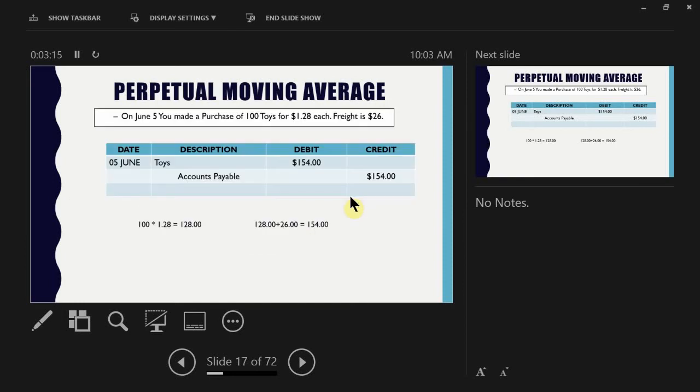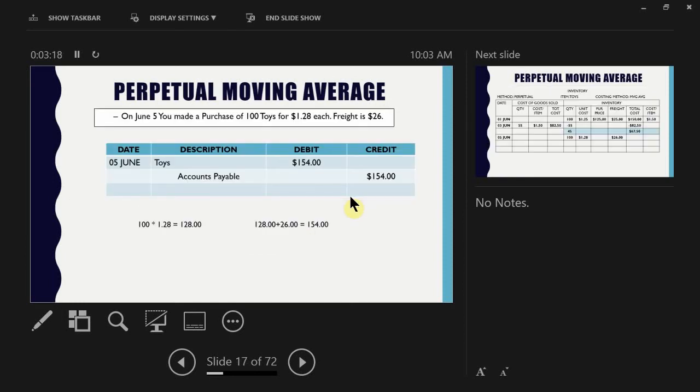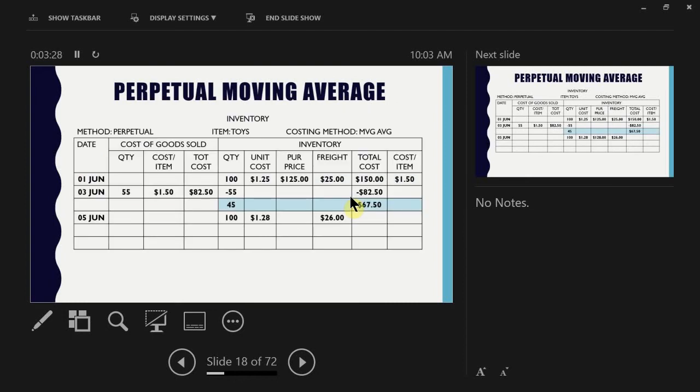Now let's see what happens when I make a purchase of another inventory. On June 5th, I decided to buy more inventory: another 100 toys at $1.28. This is standard as well.